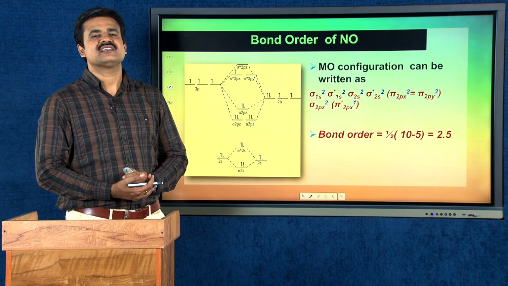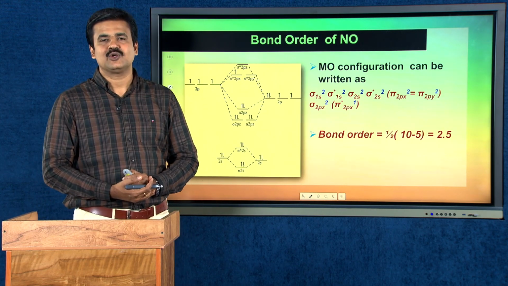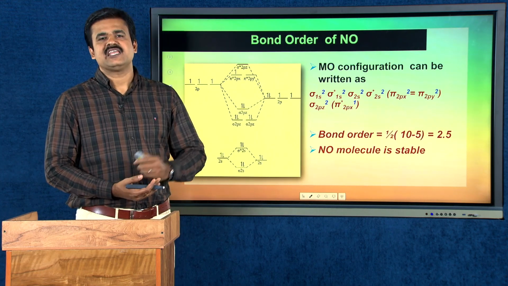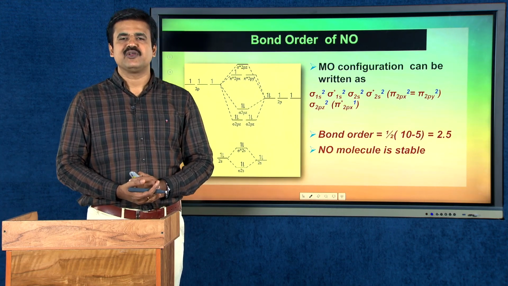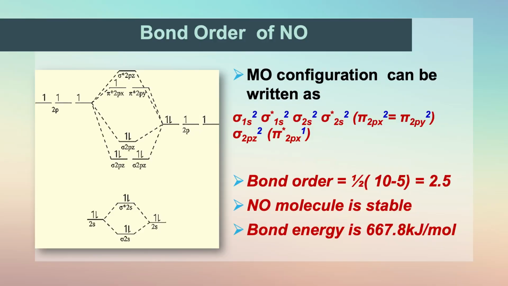So, here you can see there are 5 antibonding electrons, and the bond order of this molecule is equal to half into 10 minus 5, that is equal to 2.5, and this NO molecule is stable because 2.5 is a positive value. A positive value of bond order indicates that the molecule is stable, and the bond energy of the NO molecule is theoretically calculated and experimentally proven, and that is equal to 667.8 kilojoule per mole. This is about the bond energy of the NO molecule.